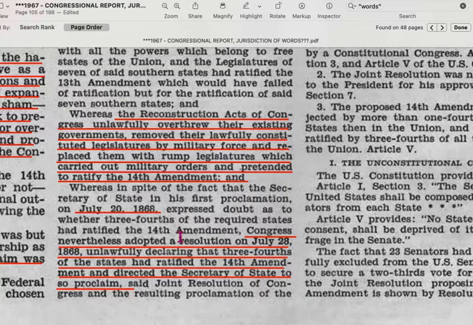Those states are unlawful because they're not states created by the people of the state. They're states created by the federal government, or the states created by the people overtaken by the federal government by military force or military orders, as it says here. And in other places it says by military force.